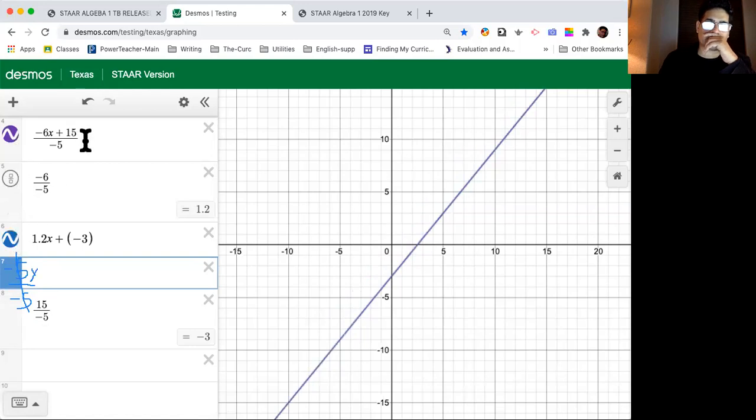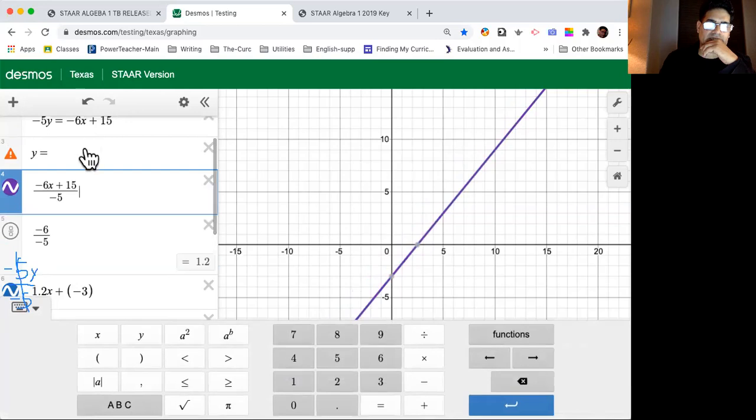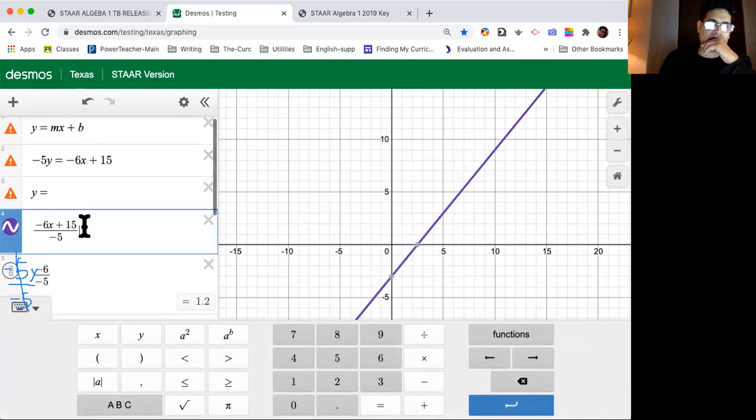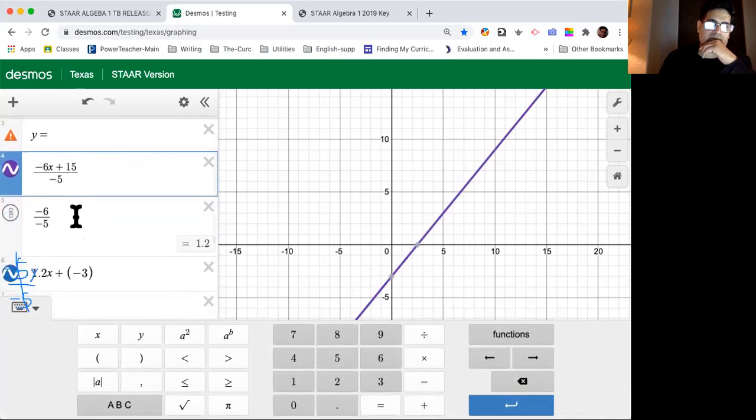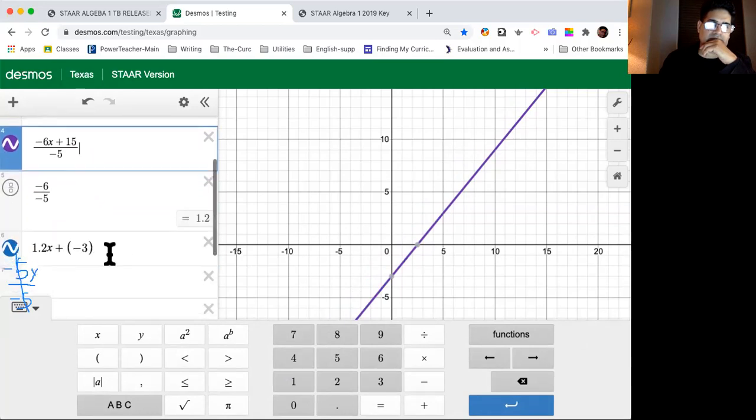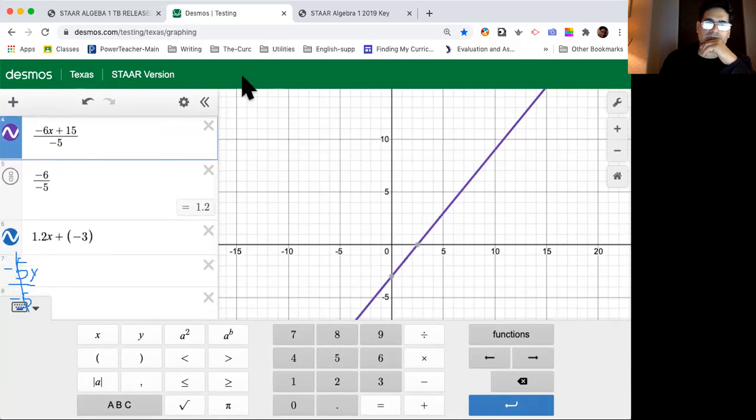So that's the same value, right? What it did was calculate this ugly fraction. I'm going to write it out because I want to show you exactly what we're doing. We're taking this fraction here, the standard textbook way as we were taught: negative 6x plus 15 divided by negative 5.